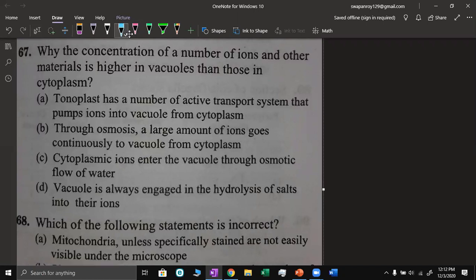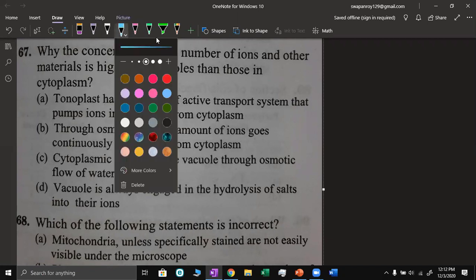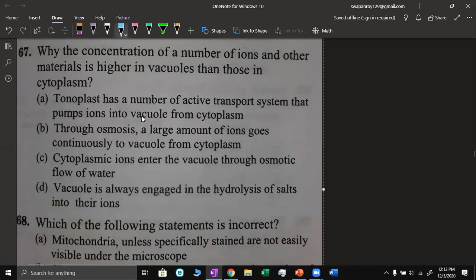Option A, sir. Yes, the tonoplast has a number of active transport systems that pump ions into the vacuole from the cytoplasm.